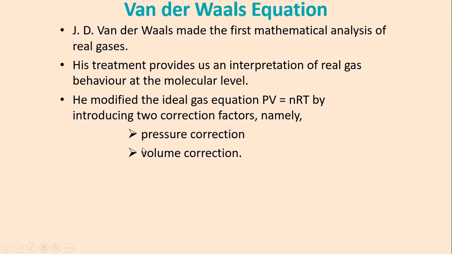Now this van der Waals equation is modified based on the ideal gas equation. From the ideal gas equation that gets modified, we can determine the van der Waals equation.